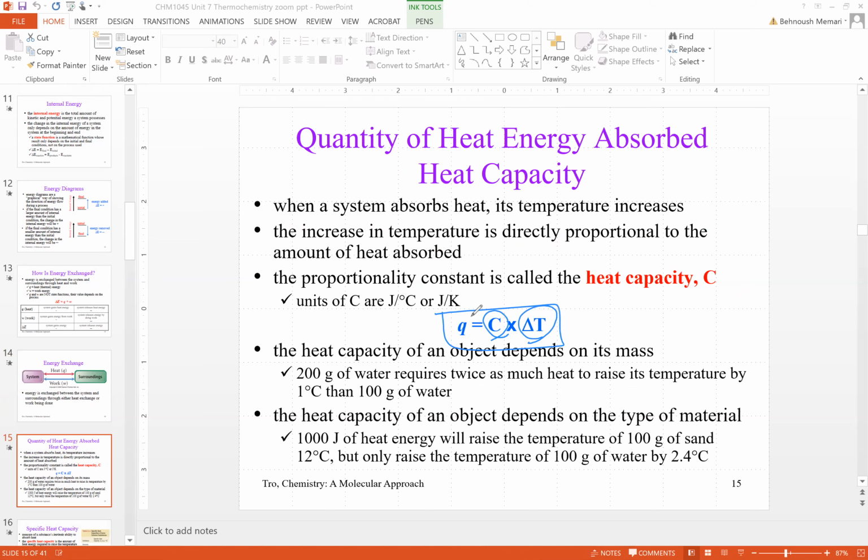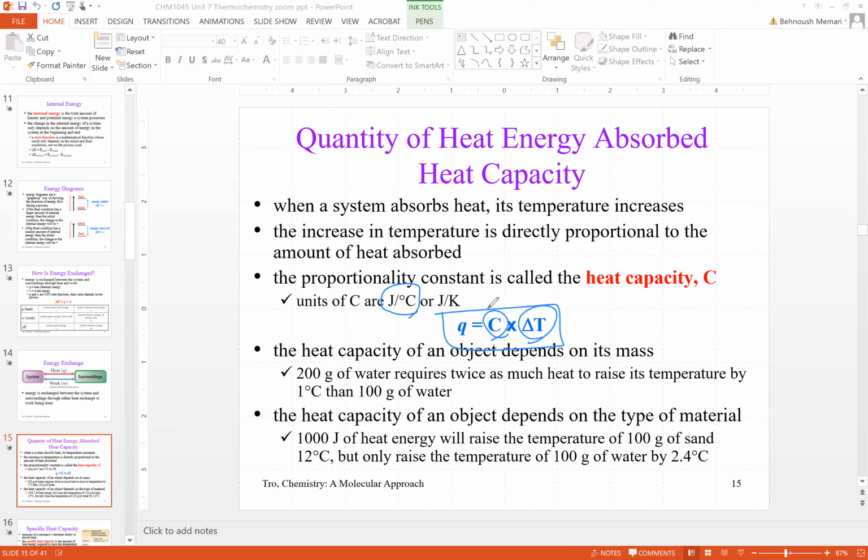The heat capacity is the amount of energy needed to increase the temperature by 1 degree Celsius.